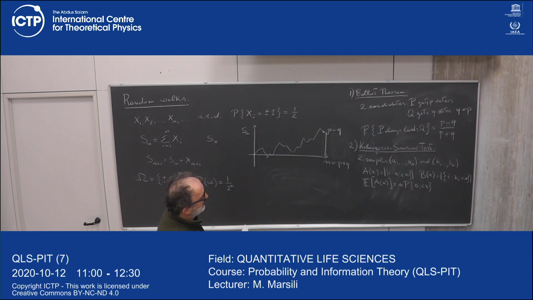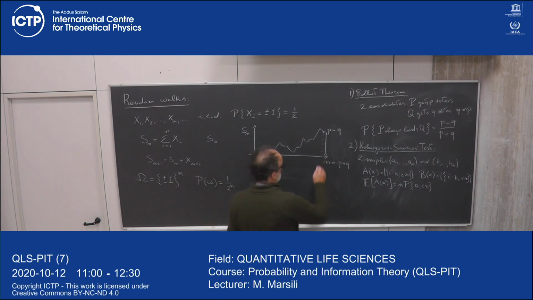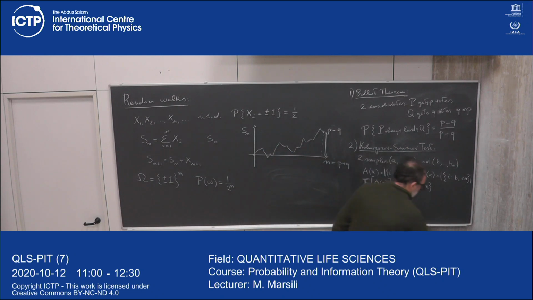Now, the idea of the Kolmogorov-Smirnov test is that you will have two curves here. One is the curve of A of x.